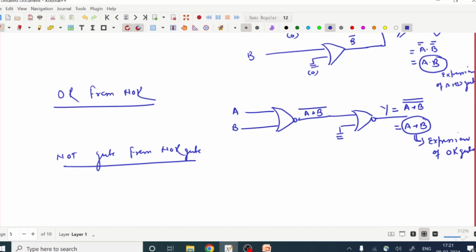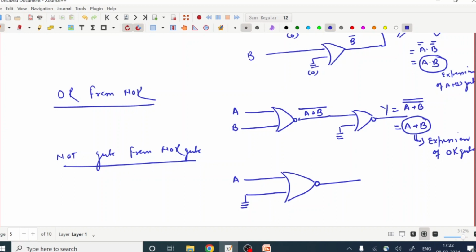NOR gate. NOT gate from NOR gate, simply take two inputs A and B. Here one input is connected to ground, and then this is a NOR gate.